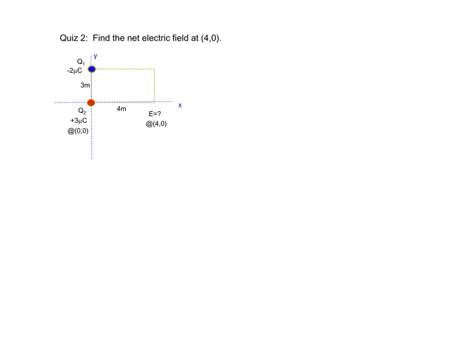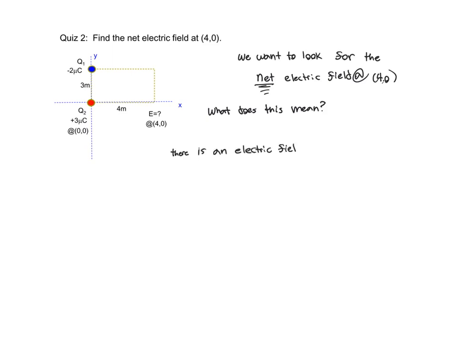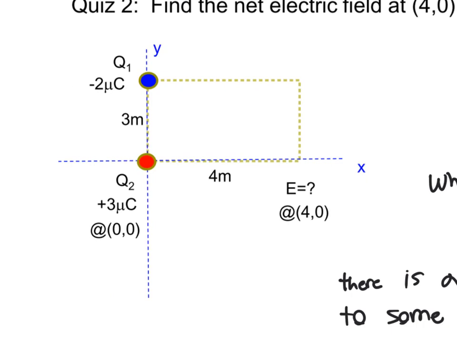Hi everyone, for this problem we're going to be looking at getting the net electric field at point 4 due to two charges. So let's look at point 4, and we're going to be looking at the E field that's generated from each point charge.